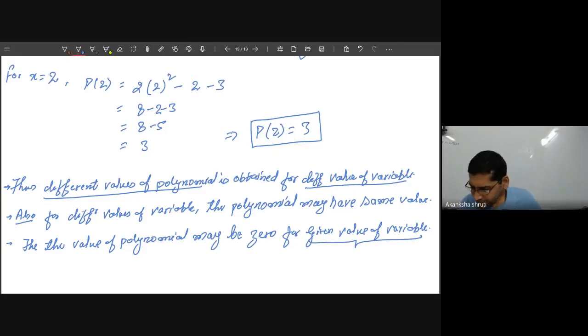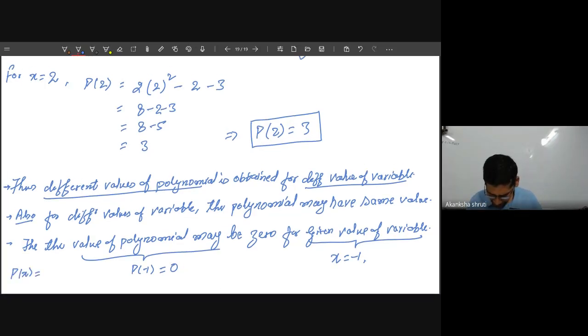Earlier we were taking x equals minus 1, and the value of p of minus 1 was coming as 0. At this time our polynomial was 2x squared minus x minus 3. So if I take the value of x as minus 1, then the value of the polynomial becomes 0. Such a value of x which makes the value of the polynomial 0 is called a zero of the polynomial.